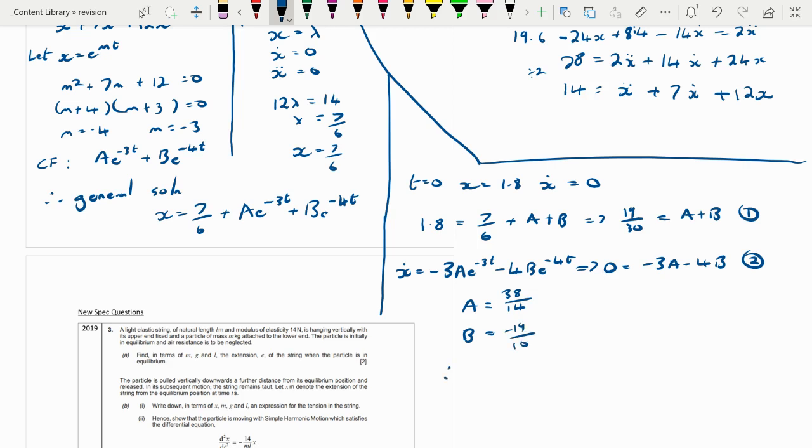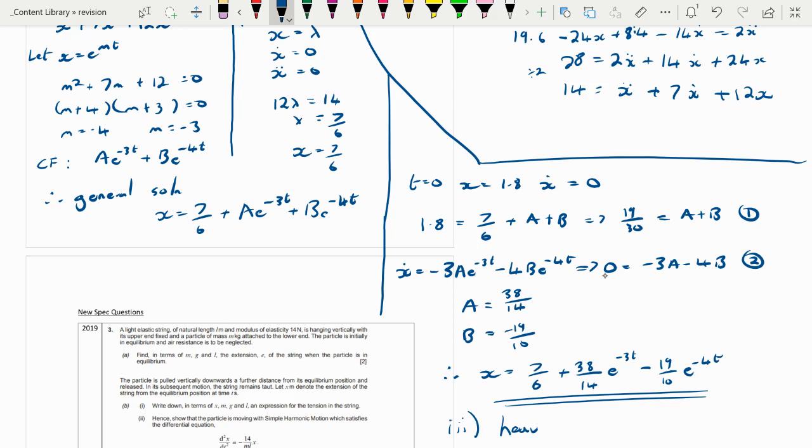So therefore, x equals, and let's plug them in, 7 over 6 plus 38 over 14 e to the minus 3t minus 19 over 10 e to the minus 4t. So there's my general solution. There's x in terms of time. And the final question wants to know what kind of damping it is. And we already said it up here when I got two distinct roots. It must be heavy damping.